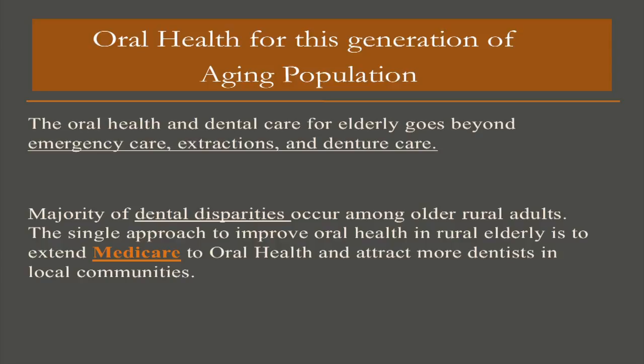The majority of dental disparities occur among elder rural adults. The single approach to improve oral health in rural elderly is to extend Medicare to oral health and attract more dentists in local communities to be able to treat and care for this population.